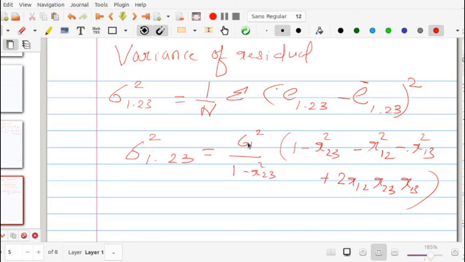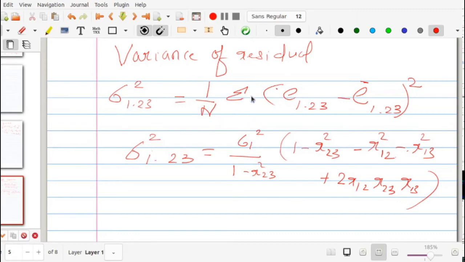So variance of residual. Again, do not get overwhelmed with this formula. I just wanted to show you this because you may encounter this many times in your statistical modeling when you plot in our regression models. So this is how the formula looks like, the variance of residual.